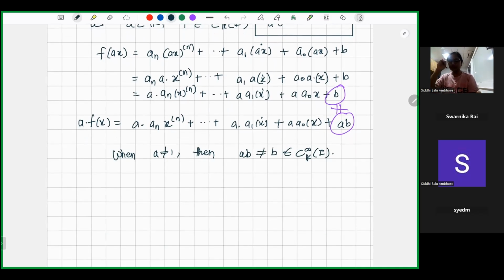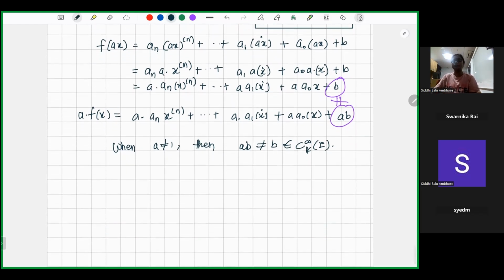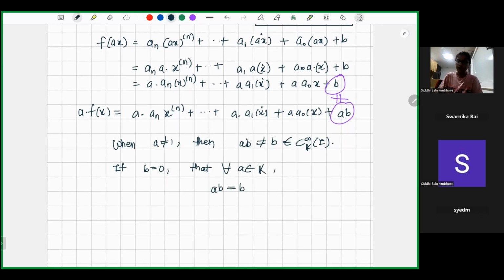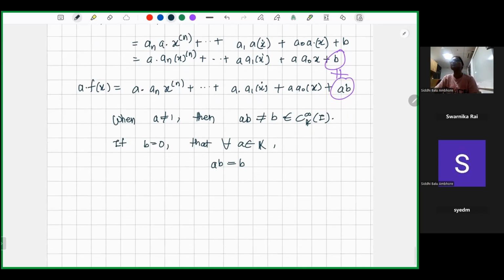And so this is creating the problem. So this b part, if it is 0, then it does not matter. If b is 0, then for all a in K, this ab will be equal to b, right? Because it is 0 equal to 0 kind of situation. Then for all b in C infinity, we have this.